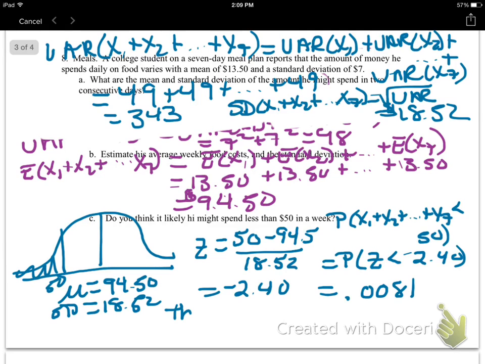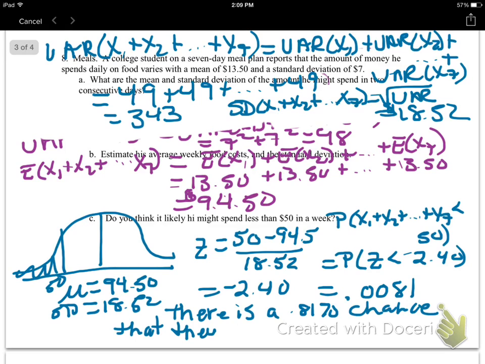So what can I say? That there is a 0.81% chance that they spend less than $50 a week for what? Meals?